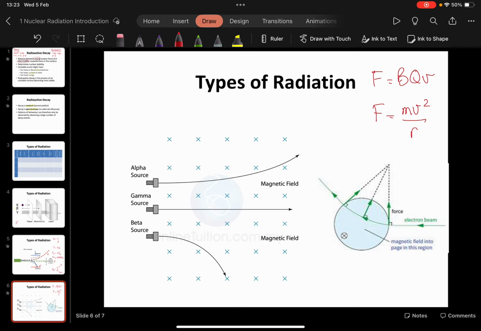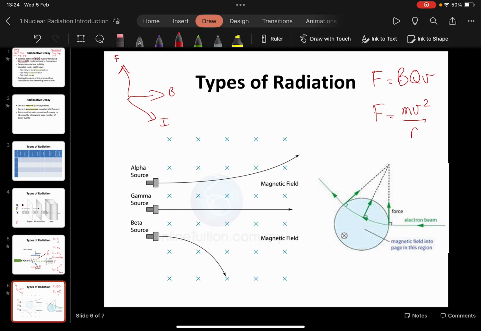In terms of why they move in opposite directions, I guess we would use Fleming's left-hand rule to predict that motion. And remember, current is the direction that a positive particle would move in. So the alpha particle is the positive particle. It's moving to the right.